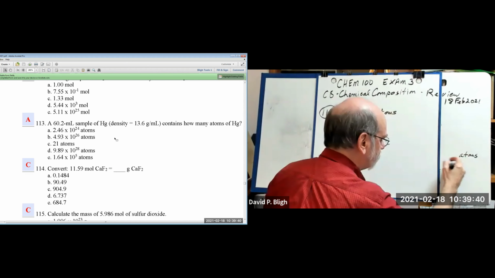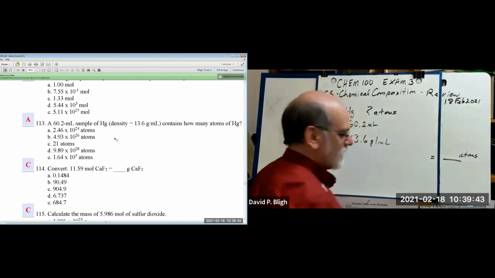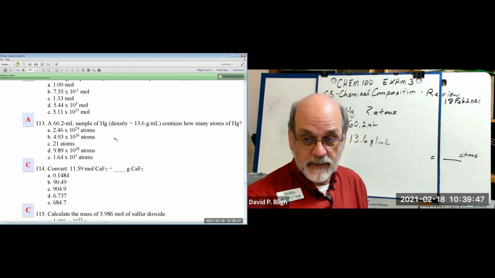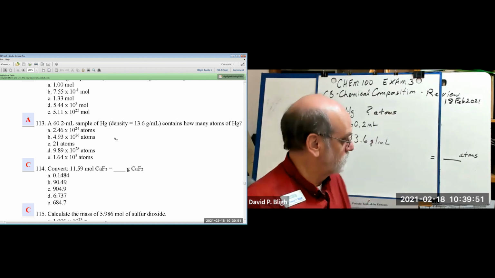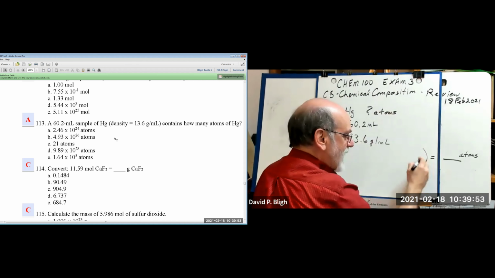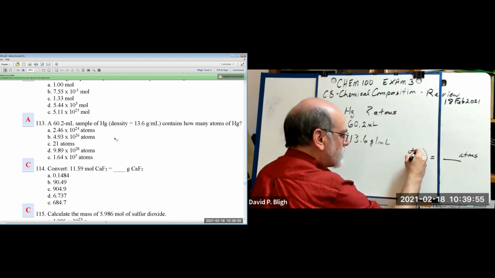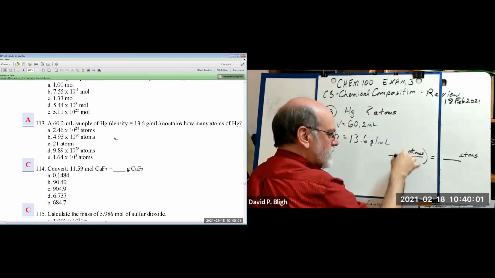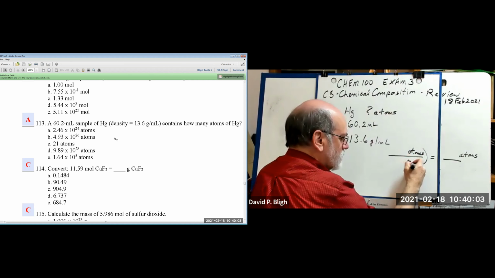How do you get to number of atoms? Generally speaking, you need Avogadro's number. So if you're going to get the atoms over there, it needs to be on top here. But the relationship there is to moles.